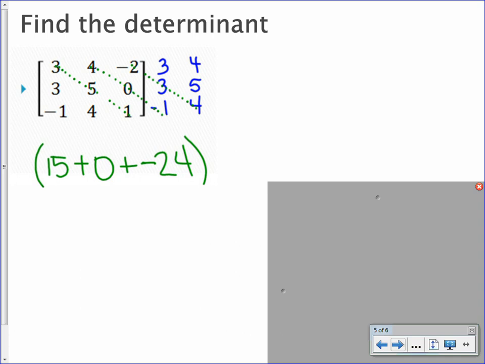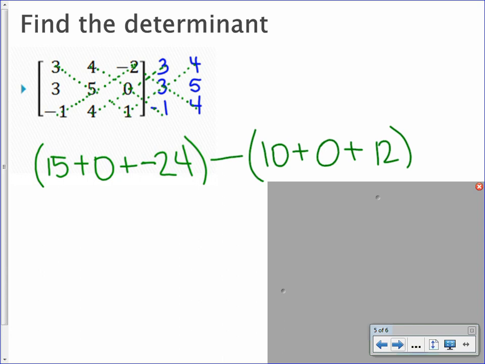Now we're going to subtract all of our up diagonals. All right, so bottom left corner, negative 1 times 5 times negative 2. Plus 4 times 0 times 3. 0 plus 1 times 3 times 4.